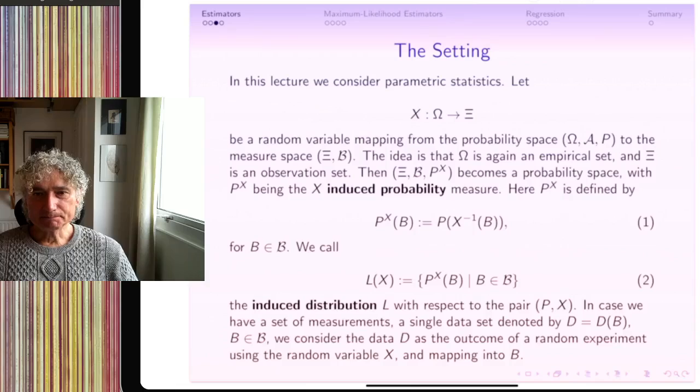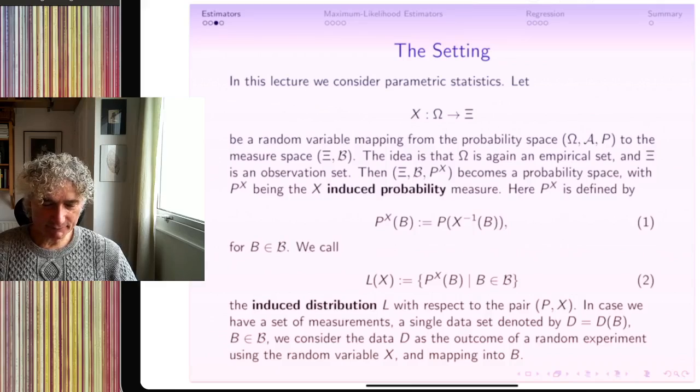So we now denote, of course, you see that we have not defined any probability here, because we want to use the probability defined on the larger space omega, on the probability space (omega, A, P).